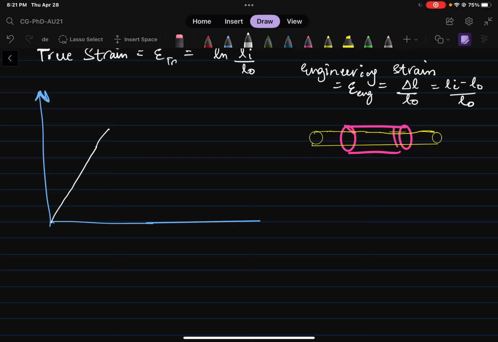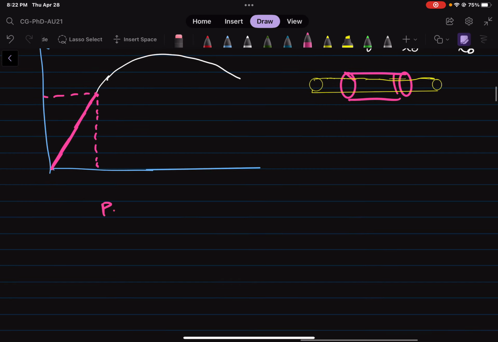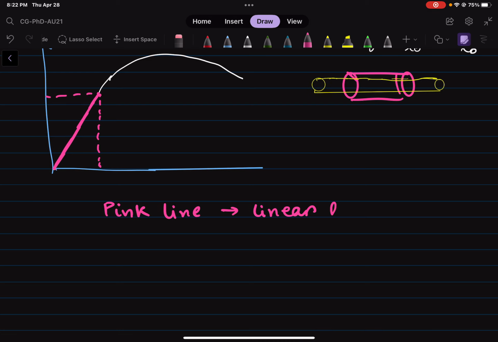And then this curve can look different for different materials. A key thing to keep in mind is that this pink line that I drew on the plot is a linear line.